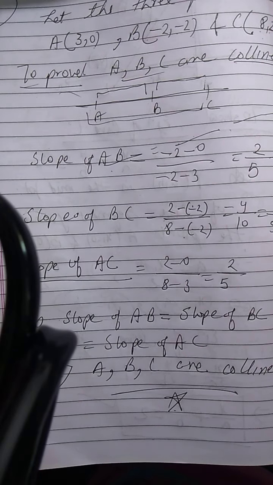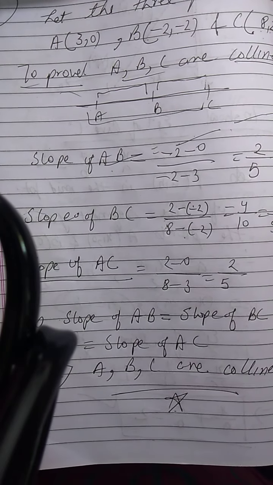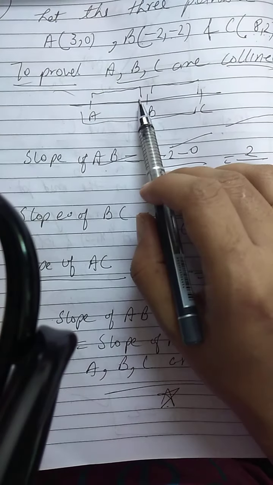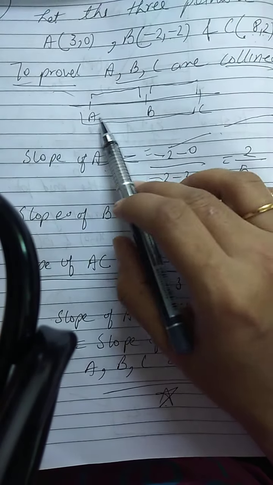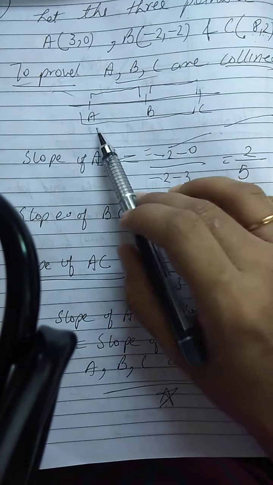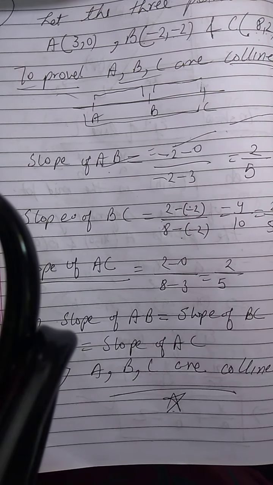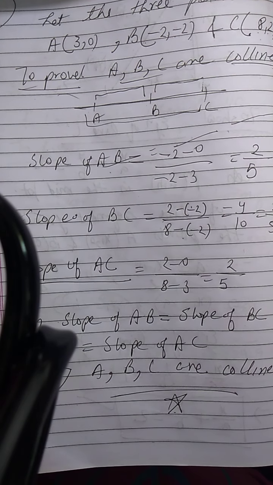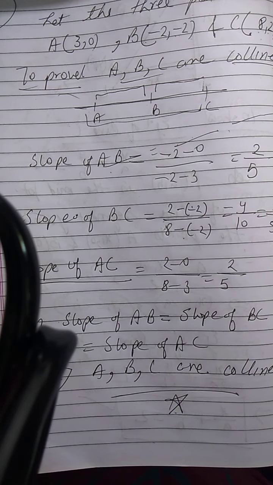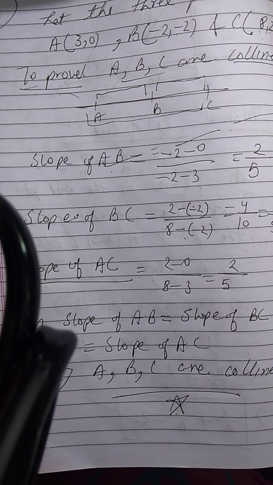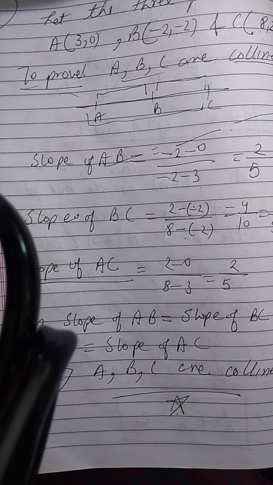Remember, one method we know that the points are collinear is with the help of the distance formula. Distance AB plus distance BC is equal to distance AC. So if AB plus BC is equal to AC, that means the points are collinear. The second method we have done: if I take these 3 points as the vertices and I show that the area is coming 0, then we will say the points are collinear.